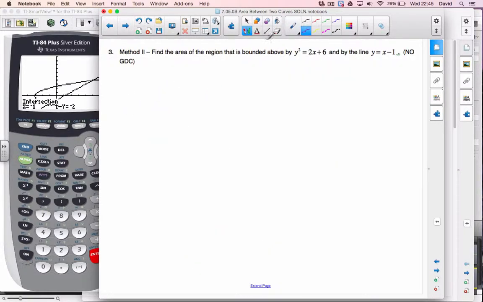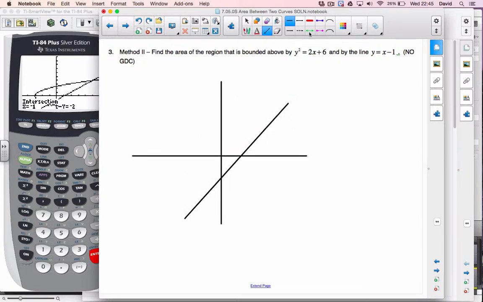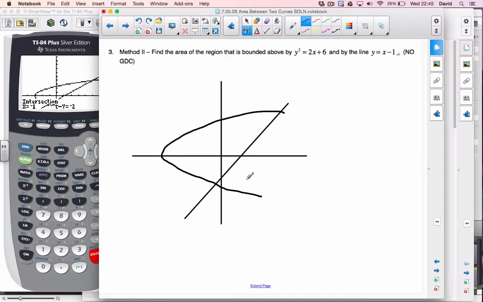A second method. So if we think about our graph, we have this graph, and I know I have a line here. And when I start to sketch it, I know I have something like this. I was looking at it this way, but how about if I take my rectangles and I go in this direction?